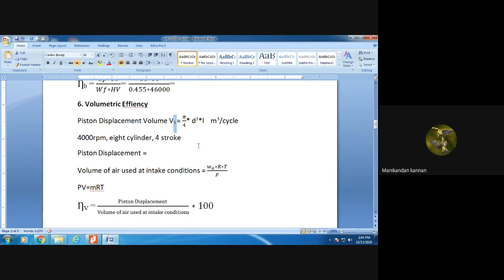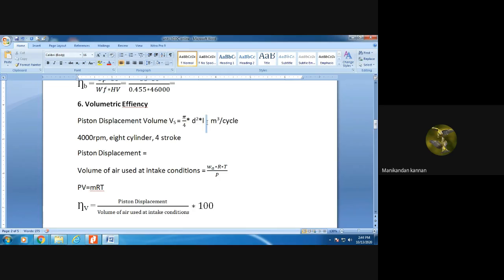The formula is pi by 4 d squared into L. D stands for bore diameter, and L stands for stroke length. Okay, so we will be getting this value.